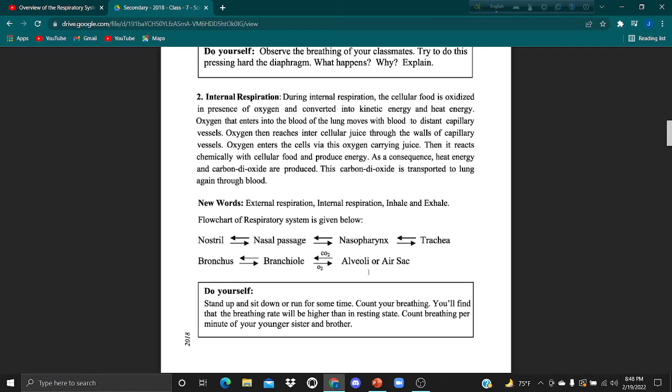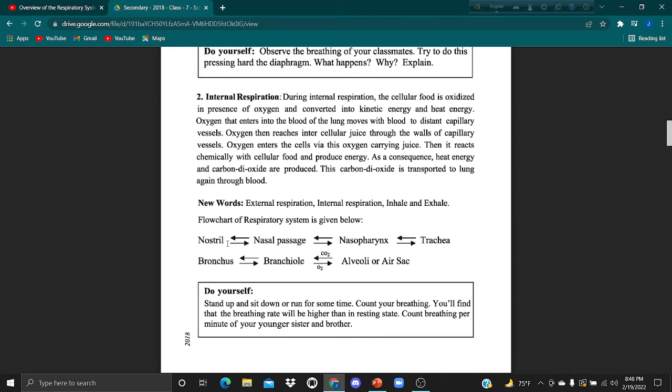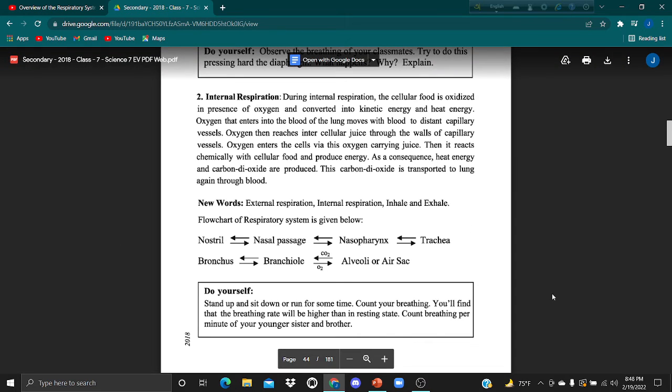And it reverses after the alveoli or air sac. Carbon dioxide returns from alveoli to bronchiole, bronchus, trachea, nasopharynx, nasal cavity, nostril, and outside of the nose.